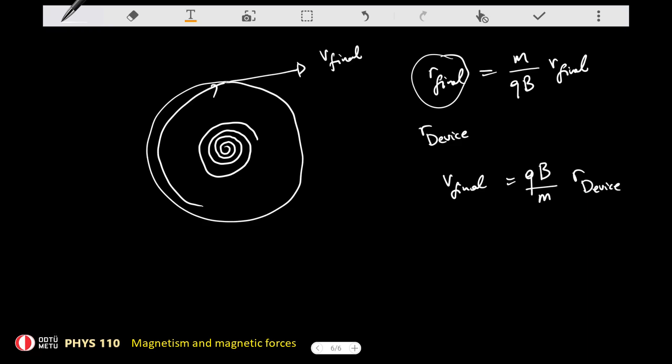To build a better device that accelerates particles to even higher speeds, you need to increase either the radius or the magnetic field, right?